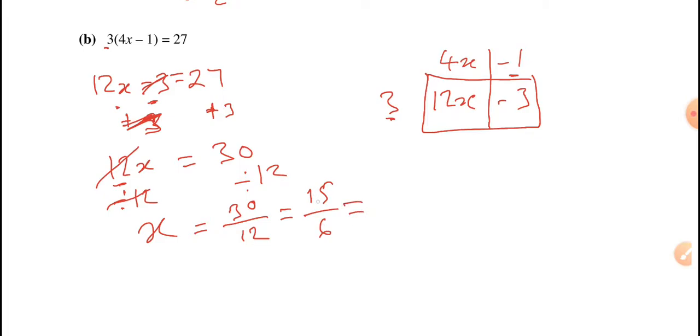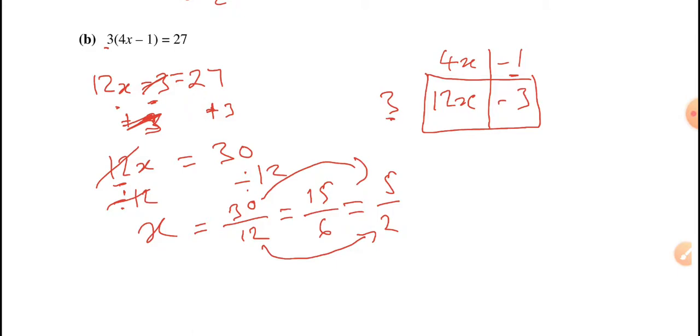Again, the 15 and the 6 can be divided by 3 to give me 5 and 2. We could alternatively just say that 12 divided by 6 is 2 and 30 divided by 6 is 5. We'll go to the same place.